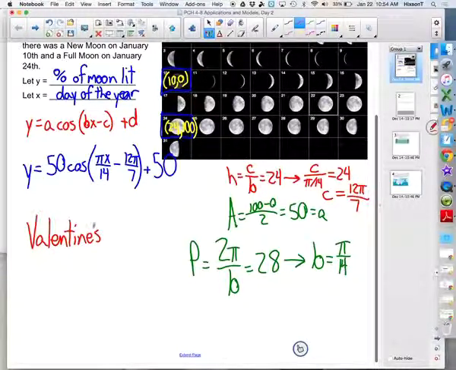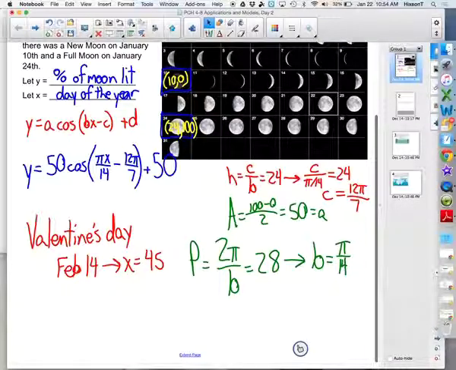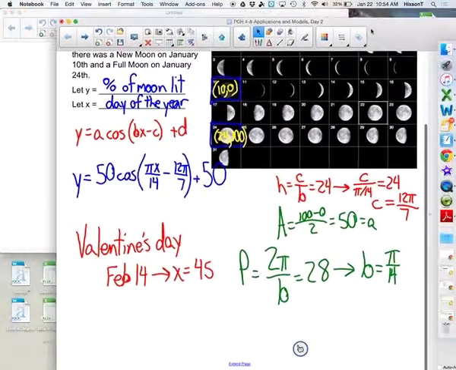Valentine's Day is February 14th, right? So what day of the year is that? X equals... How many days are in January? 31 plus 14. 45. The 45th day.